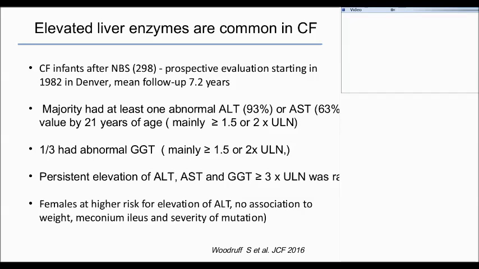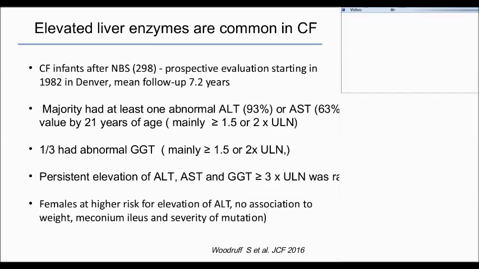Elevated liver enzymes are actually common in CF, and there has been a nice study out of Denver who started early with newborn screening in 1982 and had a mean follow-up of their cohort of 7 years. They found that the majority of these newborn screened children had at least on one occasion an abnormal ALT or AST by 20 years of age.